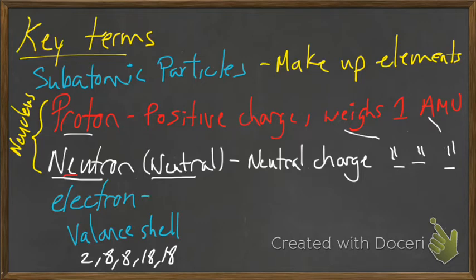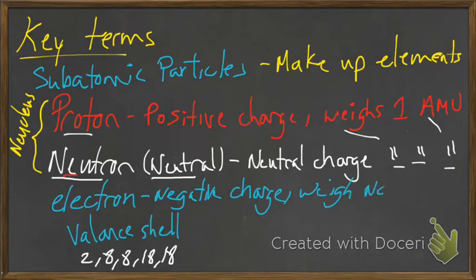Then we have electrons, which have a negative charge, and weigh nothing. They don't actually weigh nothing, but for our purposes, they weigh nothing. Valence shell.